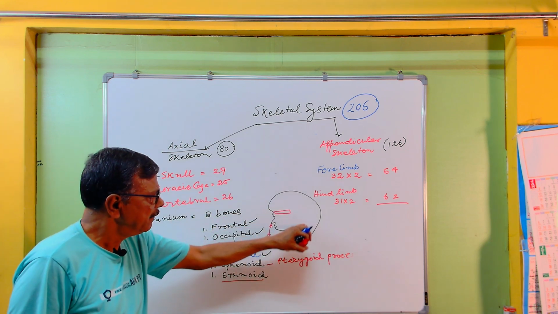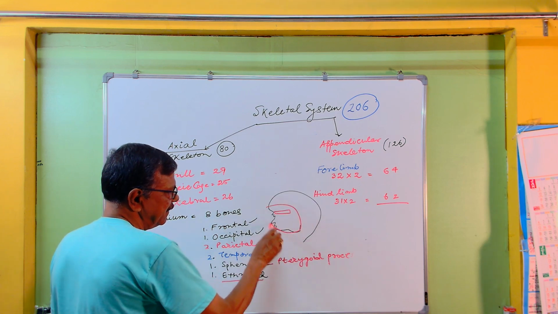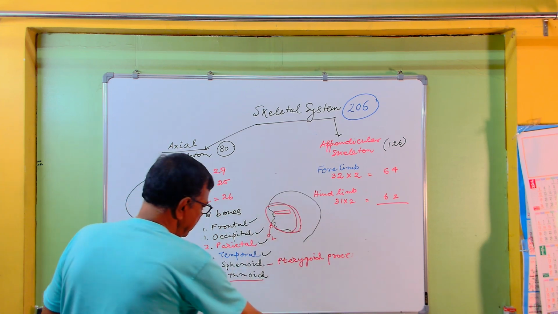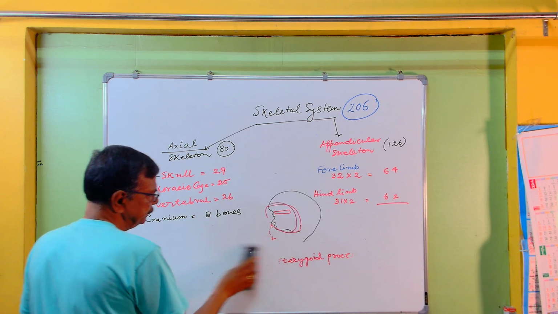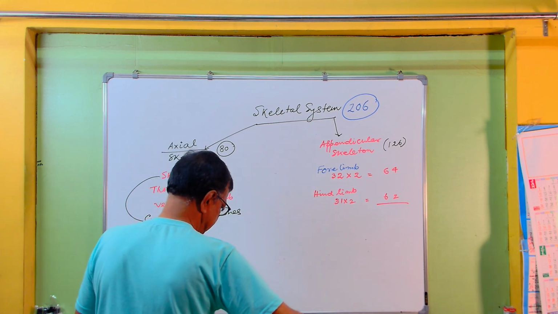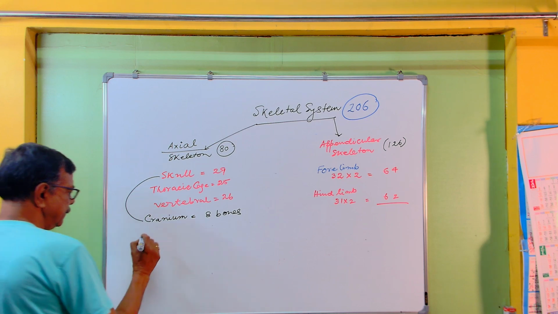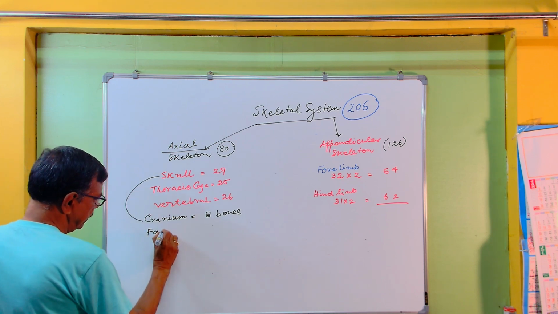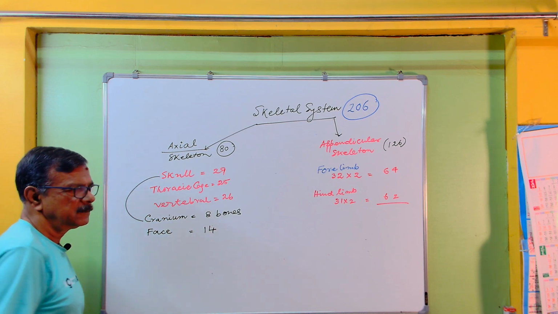We have the face also, which we have not discussed. This is our face. So the face has 14 bones.